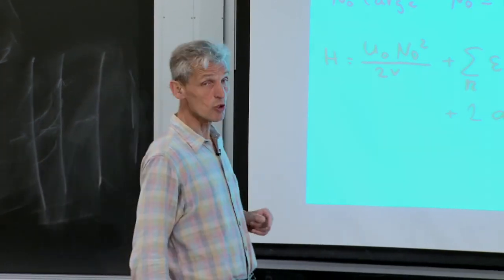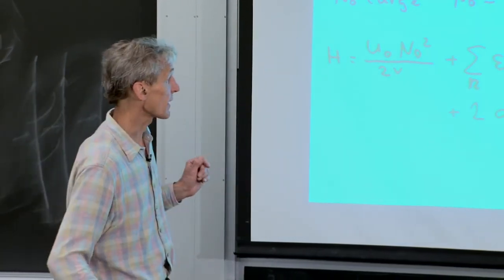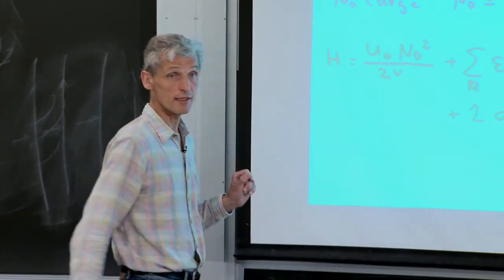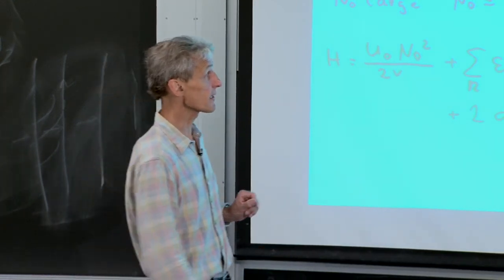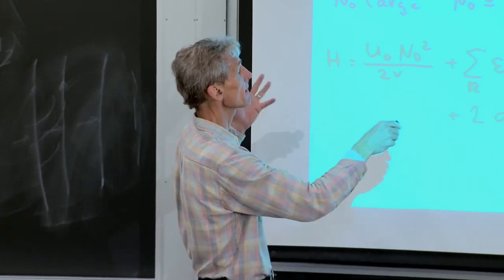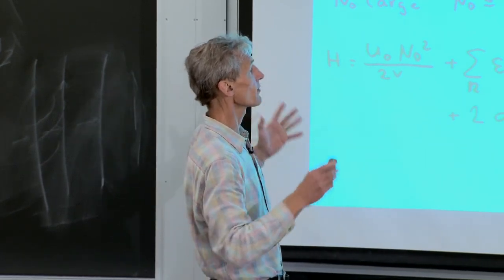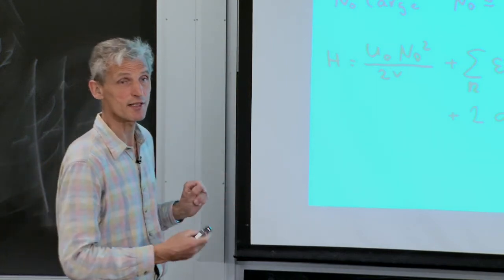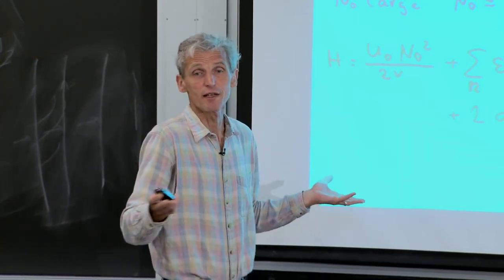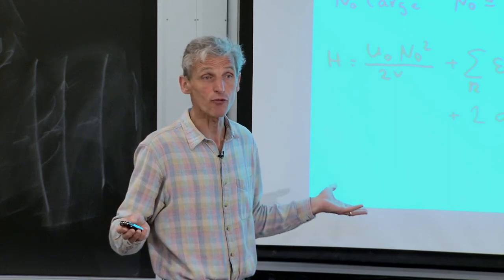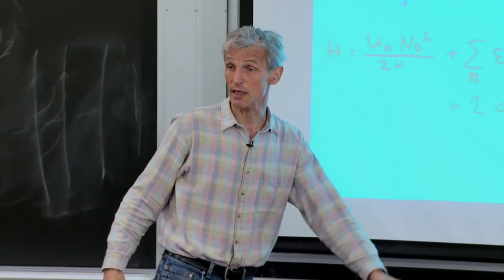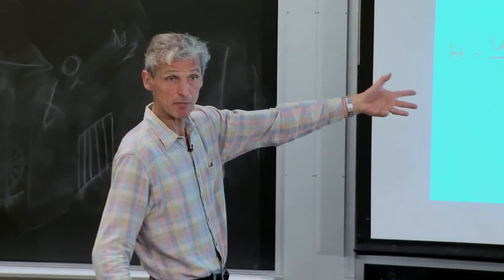And the Bogoliubov approximation, which we discussed on Monday, replaces the operator for the condensate, for the zero momentum state, with a c-number, saying that N0 plus 1 is the same as N0. A little bit of hand waving, but you can also say it's the macroscopic limit. When we have a photon field with many, many photons, we can use a c-number in our Hamiltonian to describe the electric field. So that's the same spirit.